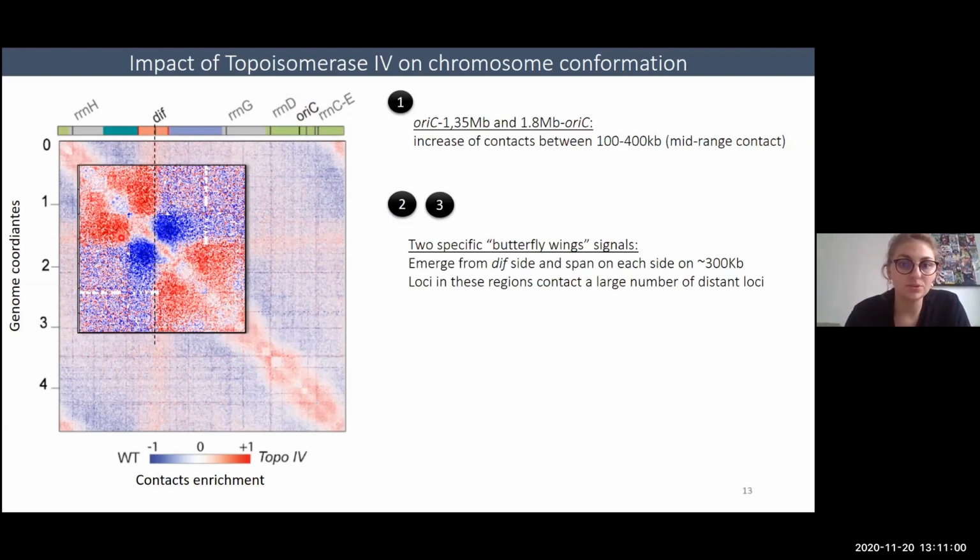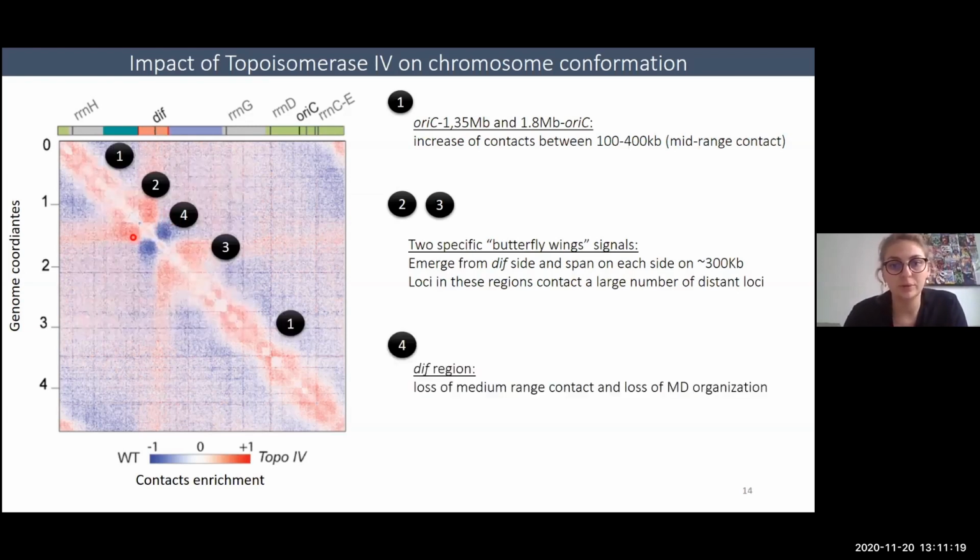So in this region, it shows that the loci that are in the TUR microdomain seem to interact with a very large number of distant loci. We call these two specific signals butterfly wings, and this is the first time that we have seen those types of patterns in Hi-C.